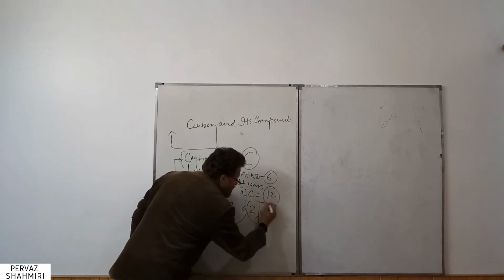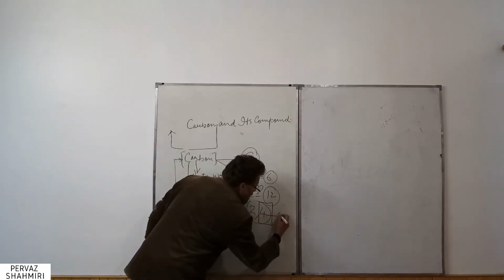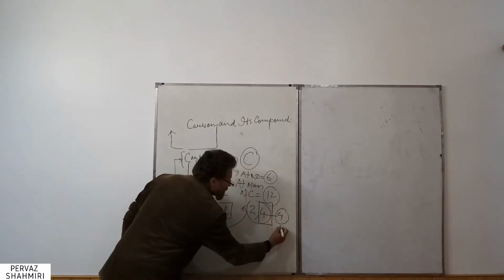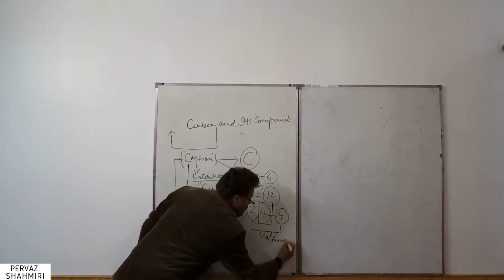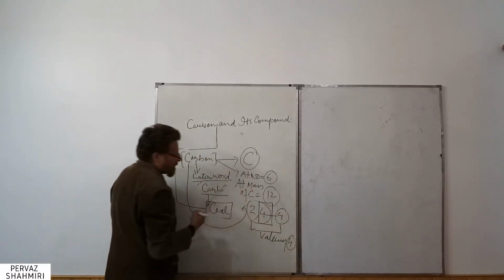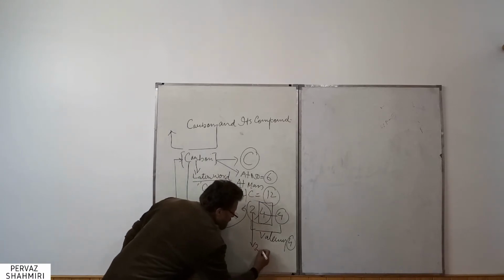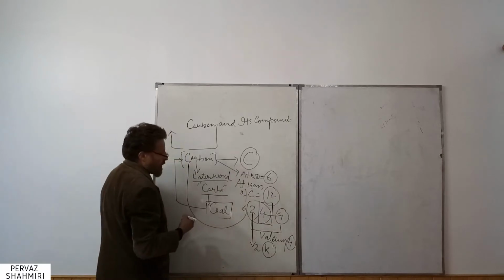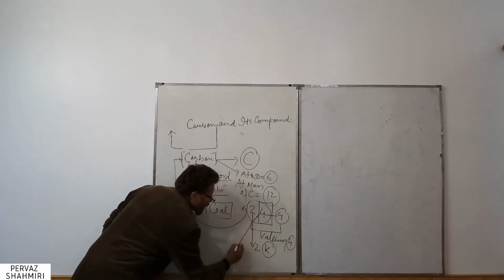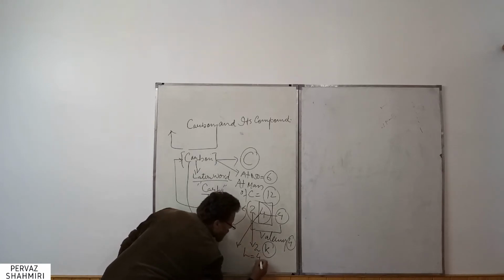The outermost shell of the carbon has 4 electrons. So the valency of carbon is 4. The first shell, which contains 2 electrons, is represented by K, and the outermost shell of the carbon, that is the L, has 4 electrons.